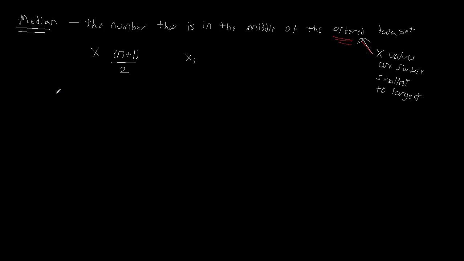Let's talk about when we have an odd number of observations, and go through an example. Let's say you were to run a race 5 times and measure the time it took you to run that race in seconds.